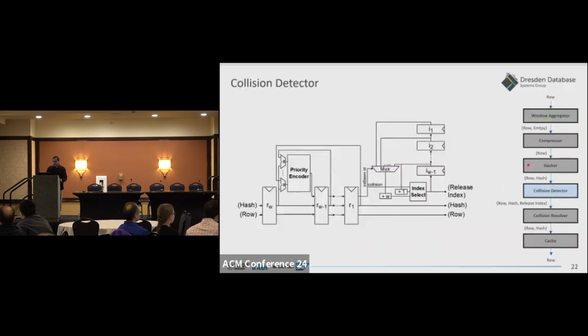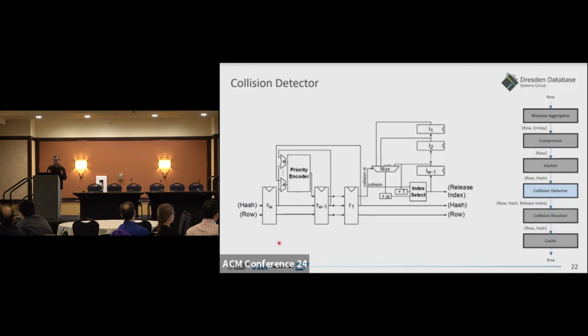The collision detector is the next interesting module. This is the module that creates these release indices. The way it works is it shifts in a window of W rows, and then it compares the hash of the last row with the hashes of all the other rows within the window. What it does is it finds the closest row to this last row that has the same hash.